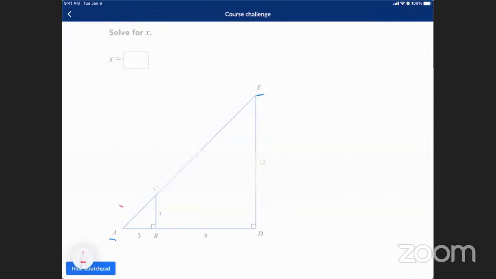Thinking about this before, this would be the Pythagorean theorem, I'm pretty sure: a squared plus b squared equals c squared. Solving for x, where would x be? x is here, so 3x.